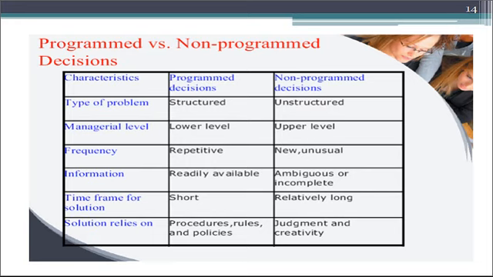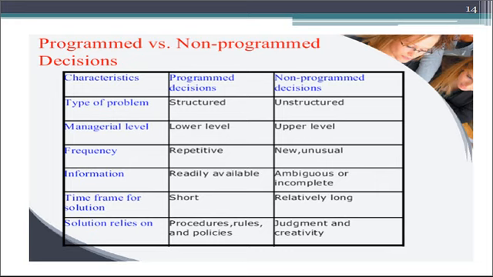Now, let us discuss programmed and non-programmed decisions based on various characteristics. For programmed decisions the type of problem is structured, and for non-programmed decisions it is unstructured. Who will handle them? The lower level for programmed decisions and the upper level for non-programmed decisions.